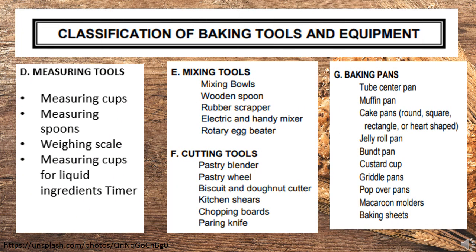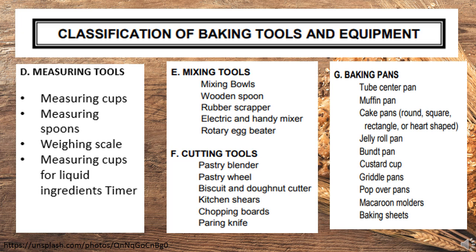Another classification of baking tools and equipment are the measuring tools. Examples of these are the measuring cups, measuring spoons, weighing scale, measuring cup for liquid ingredients, and the timer. Next is the mixing tools. These are the mixing bowls, wooden spoon, rubber scraper, electric and handy mixer, and rotary egg beater.